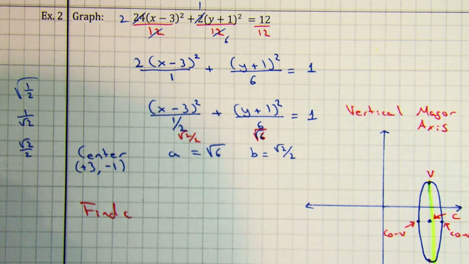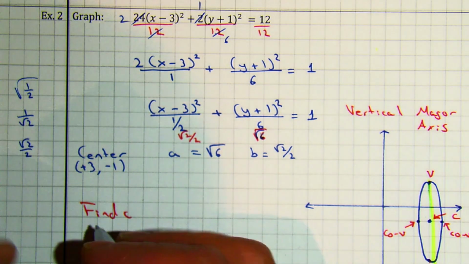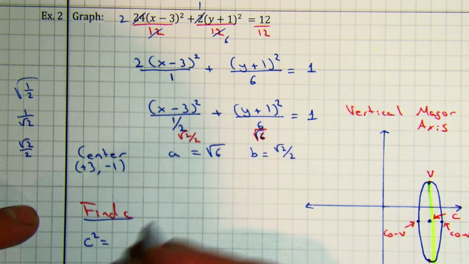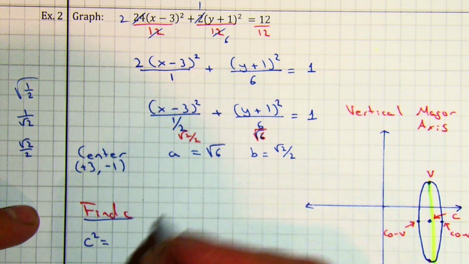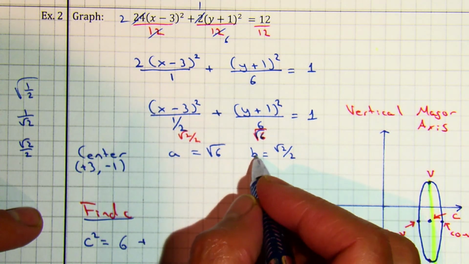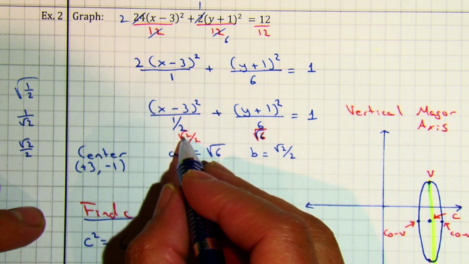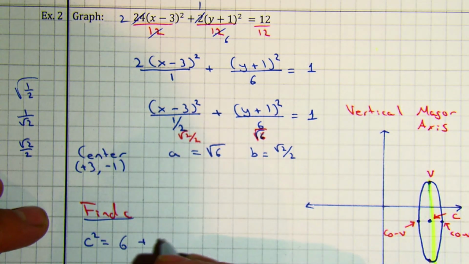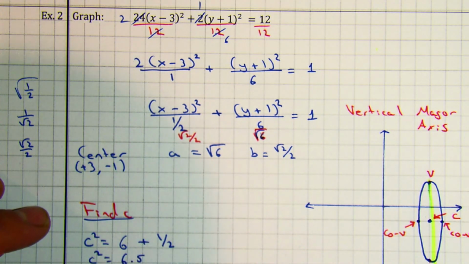To find C, we're going to use C squared equal to A squared minus B squared. C squared is equal to A squared, which is the square root of 6 squared, which is 6, plus B squared, which is square root of 2 over 2 squared, which is 1/2. C squared is equal to 6.5.